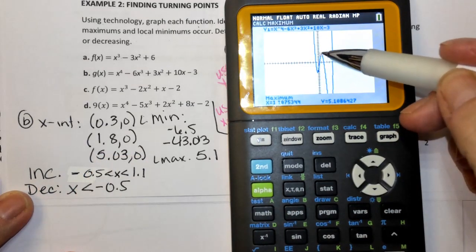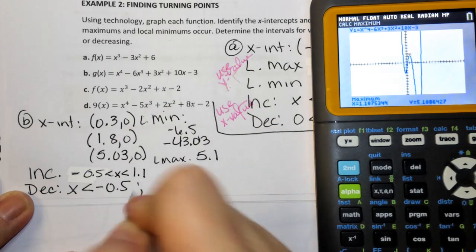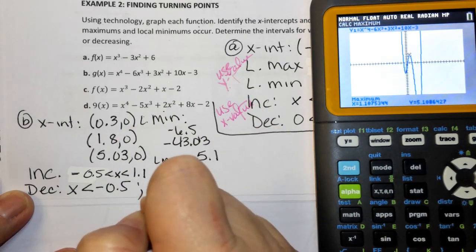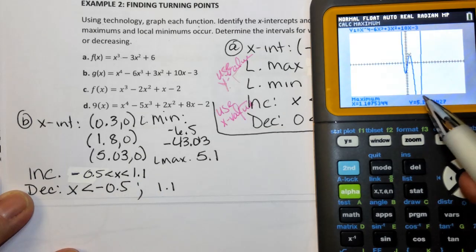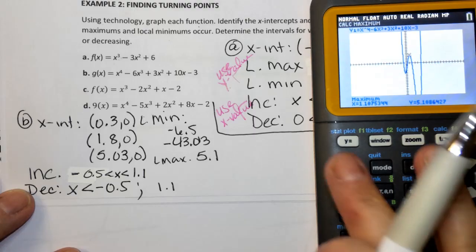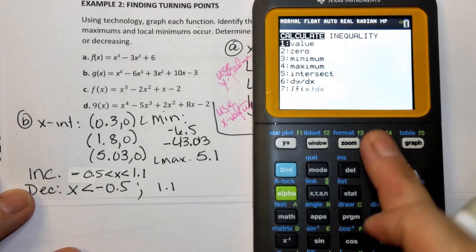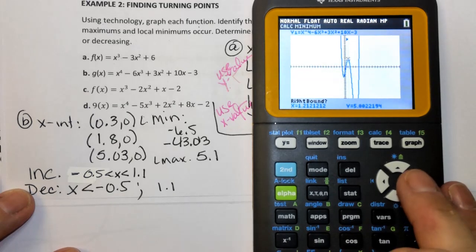All right, now what does it do? Now it starts decreasing again. So we could say it's decreasing from 1.1 because we're starting back at that same turning point. And then we need the x value for this minimum. So we could do second, calculate the other minimum, and we want to go from there.